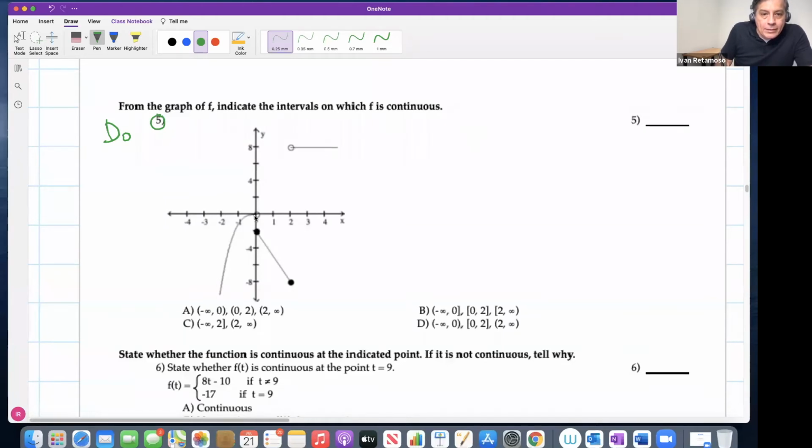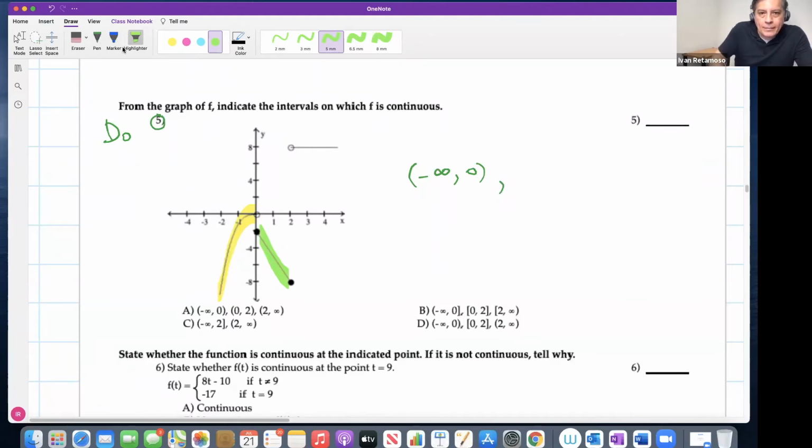This piece is continuous over what interval? Look, from here to here. From negative infinity, let's write the interval here, negative infinity, up to what number? Up to 0. Then the other interval for continuity would be this piece, another connected component, from 0 to 2.